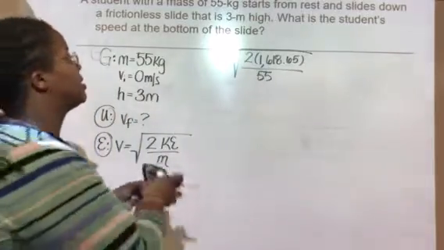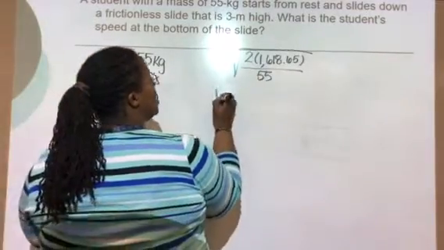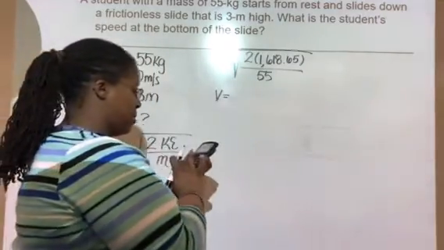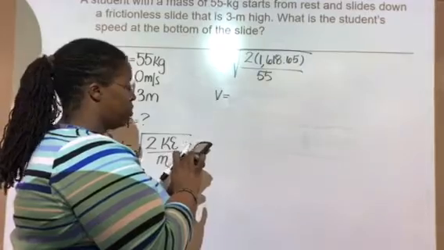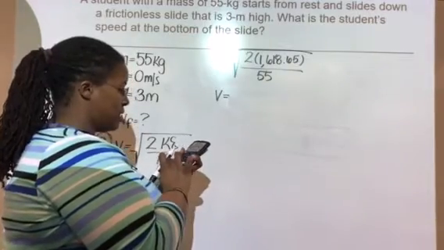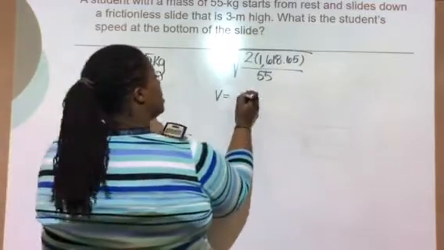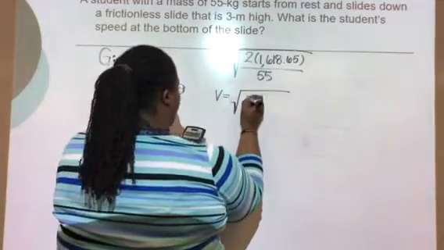Grab your calculators and let's simplify. The first thing I want to do is multiply my top number. So we have 2 times 1,618.65. Don't forget your square root.